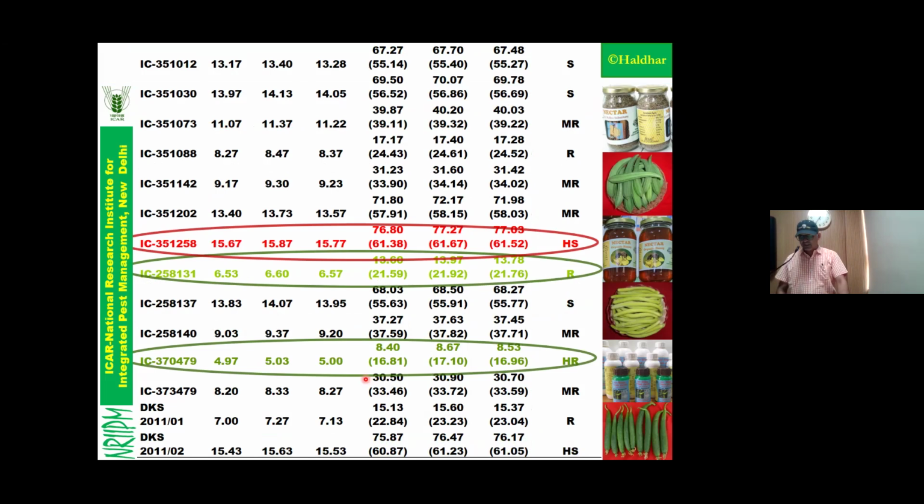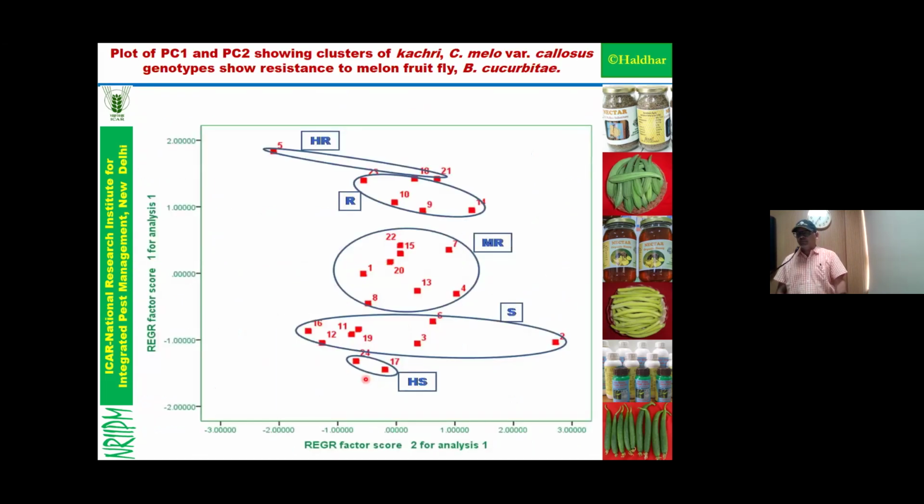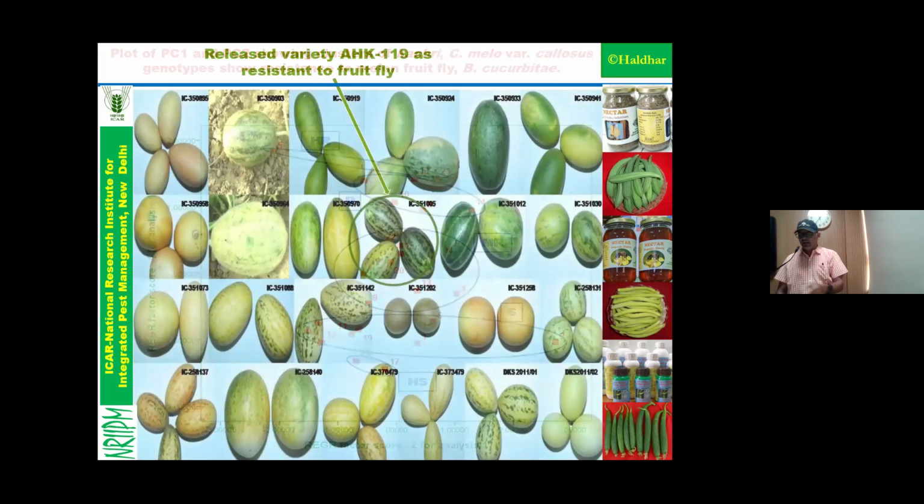On the basis of this we did principal component analysis, and we found this line on the basis of both characters, sir. We are taking antibiosis characters, antixenosis characters, morphometric as well, and we found that this variety, 119, is resistant to fruit fly, and it is already released from the Central Variety Release Committee and from the Institute also, sir.